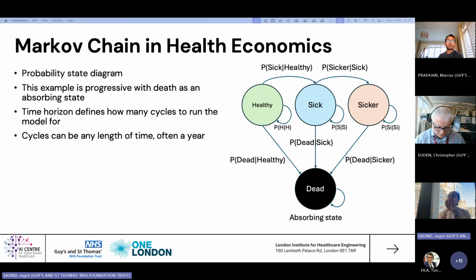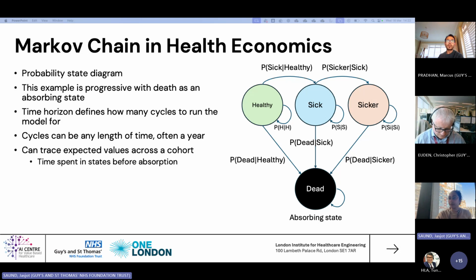Each cycle essentially is an application of the transition probabilities. So what's the probability of moving to the next state from your current state, sort of like classification. A cycle can be a year or 6 months, depending on what you're trying to model, because it varies depending on the event rate.